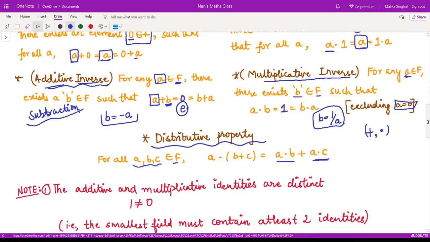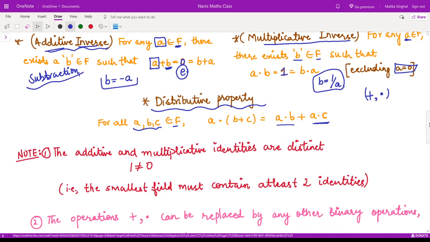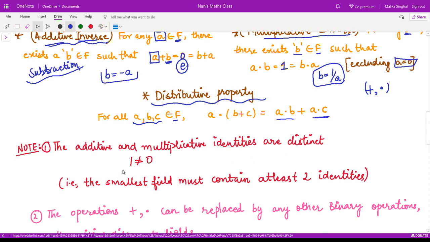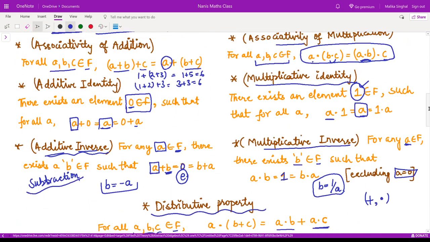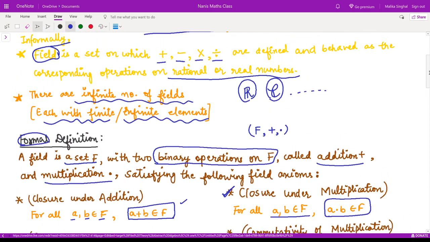So here one thing to note is that the additive and multiplicative identities are distinct. One is not equal to 0 in our case. So the smallest field must contain at least 2 elements, and so there is no field with 1 element, right? Moreover, while defining the field F, I have used the operations addition and multiplication.